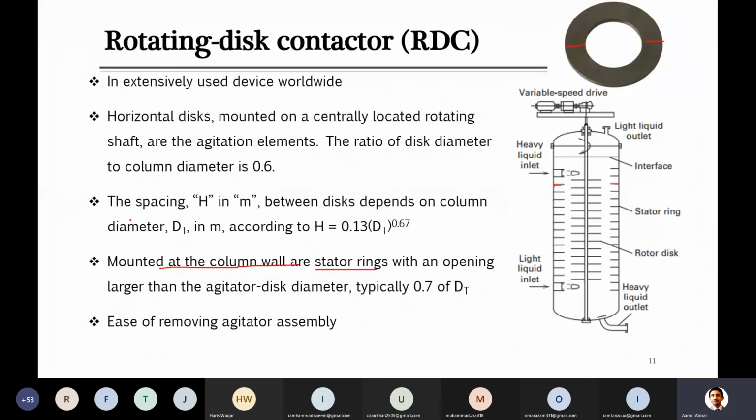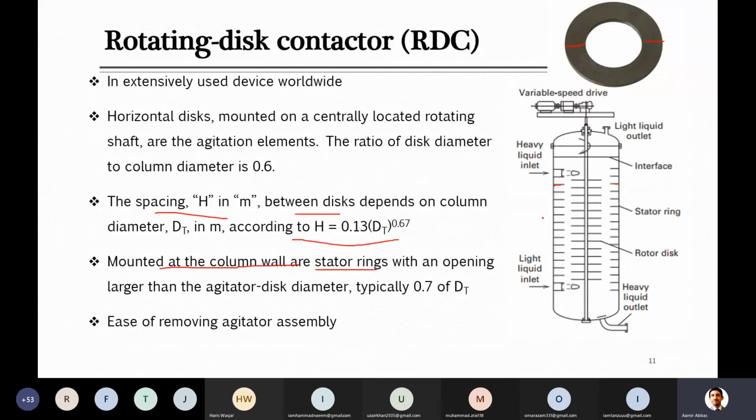So I will come back to the point that these are discs mounted on the vertical shaft. If we have to decide the spacing between them, in this kind of equipment, because it is widely used, a correlation has been developed: the height between these discs is equal to 0.13 times the diameter of the tower to the power 0.7.